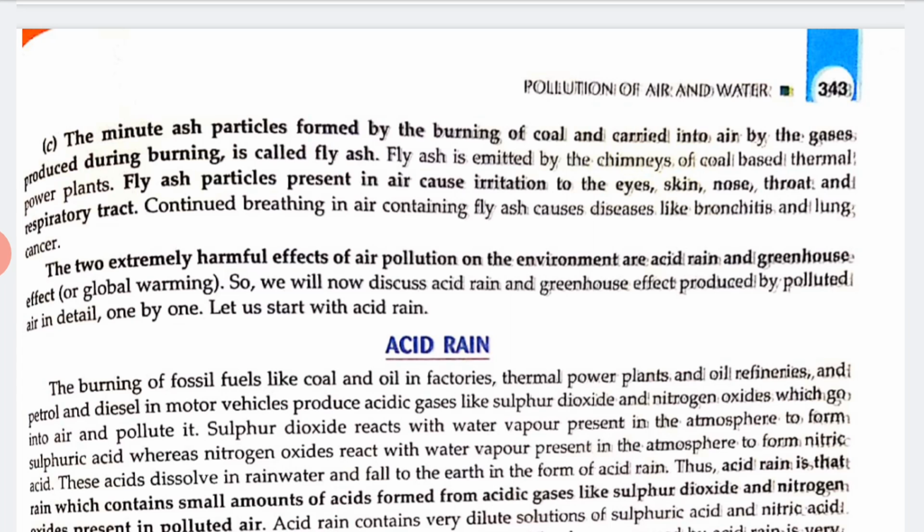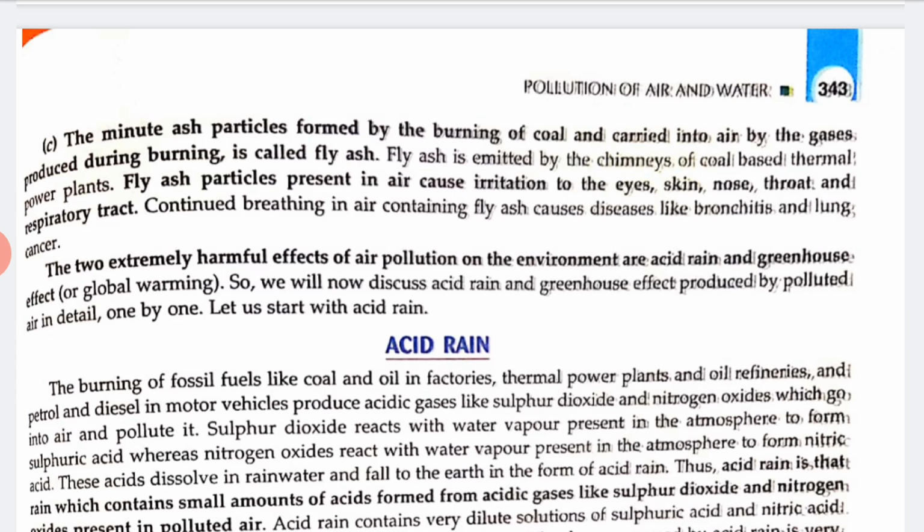Fly ash is emitted by the chimneys of coal based thermal power plants. Fly ash particles present in the air cause irritation to the eyes, skin, nose, throat, and respiratory tract, right? Breathing in air containing fly ash causes diseases like lung cancer.